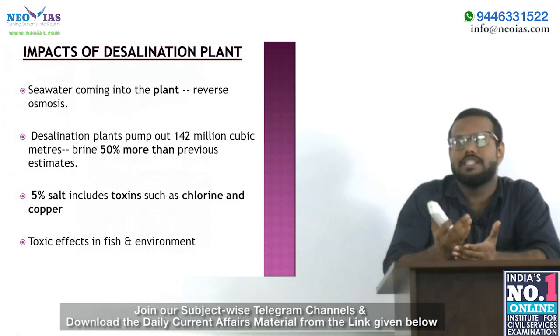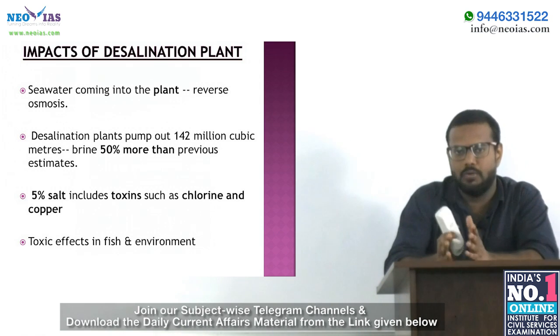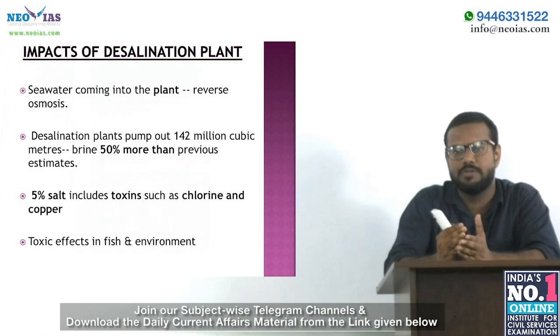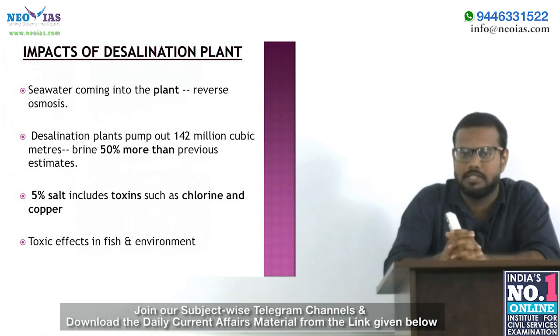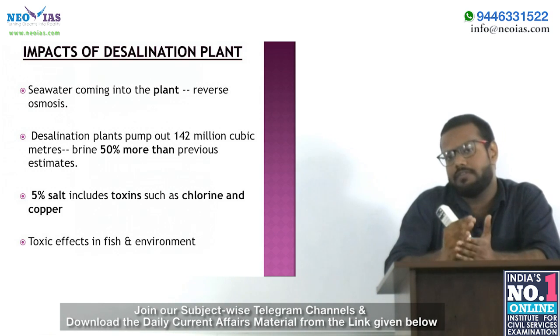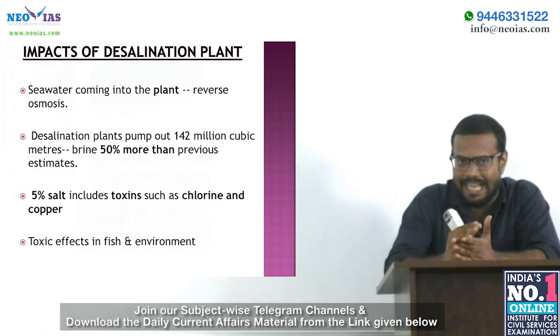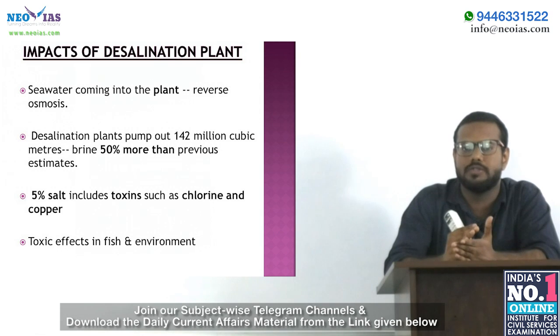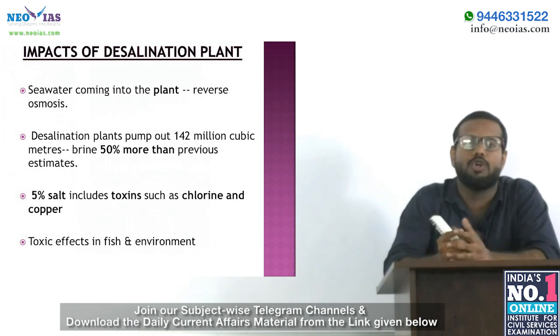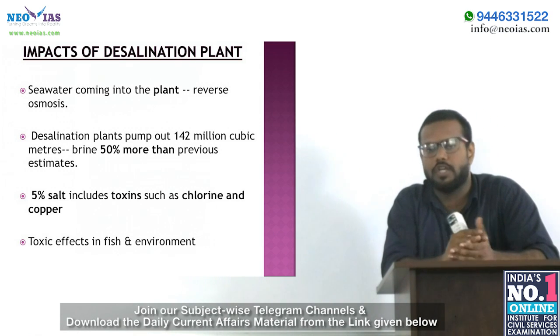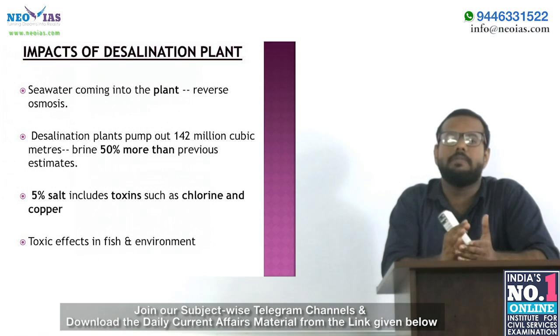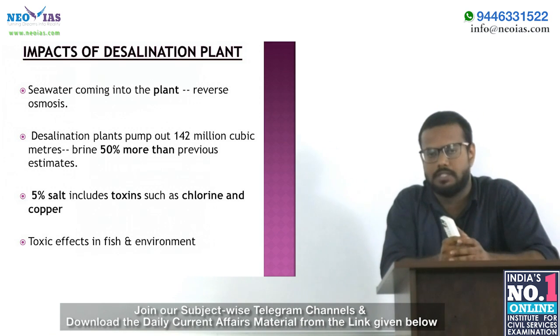In the case of these desalination plants, a UN university conducted research, and found that desalination plants worldwide produce highly salty water which may harm the environment. The study found that every day the desalination plants produce 142 million cubic meters of salty or brine water, which is 50% more than the previous estimate.